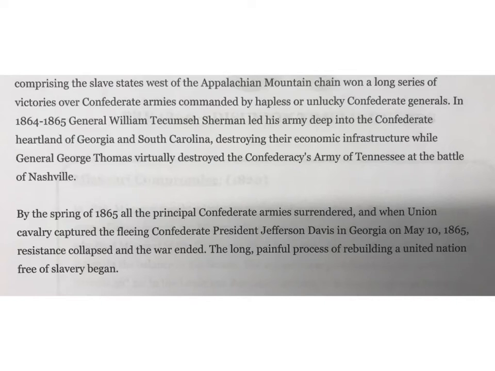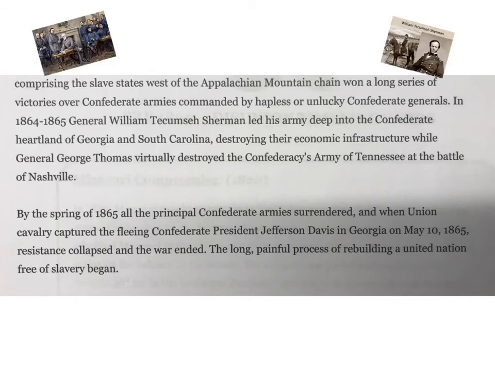In 1864 to 1865, General William Tecumseh Sherman led his army deep into the Confederate heartland of Georgia and South Carolina, destroying their economic infrastructure, while General George Thomas virtually destroyed the Confederacy's Army of Tennessee at the Battle of Nashville. By the spring of 1865, all the principal Confederate armies surrendered, and when Union cavalry captured the fleeing Confederate President Jefferson Davis in Georgia on March 10, 1865, resistance collapsed and the war ended. The long, painful process of rebuilding a united nation free of slavery began.